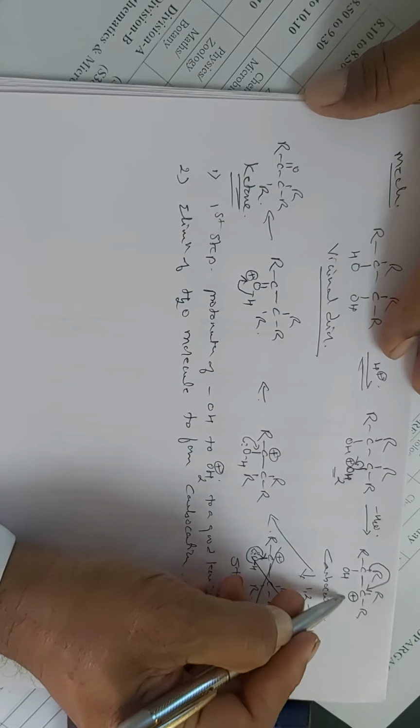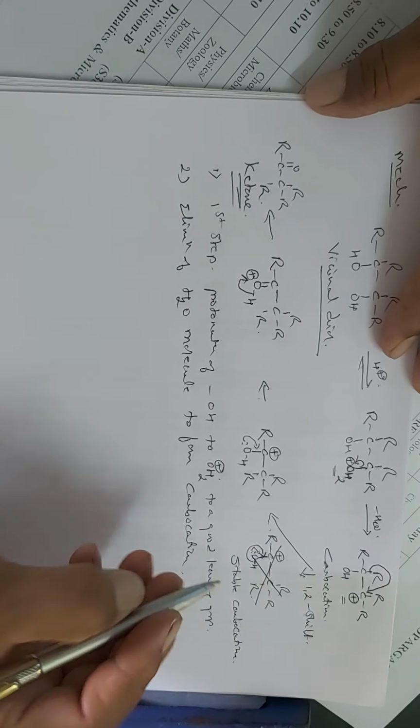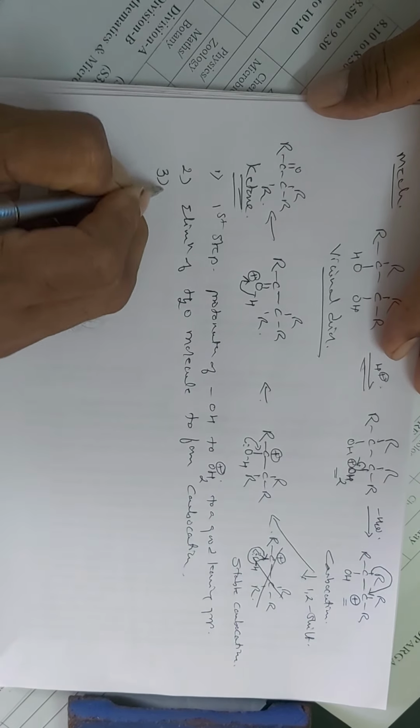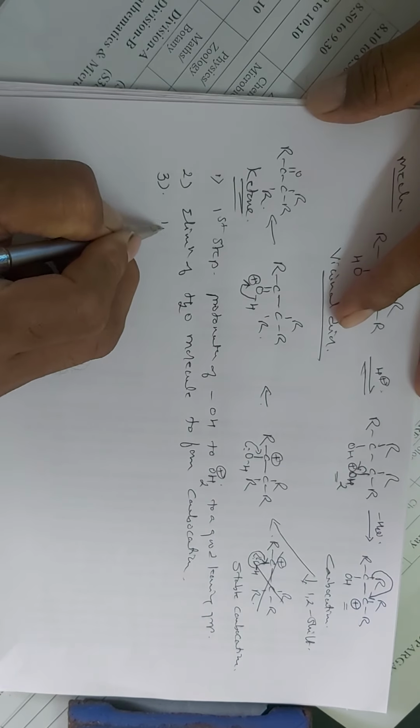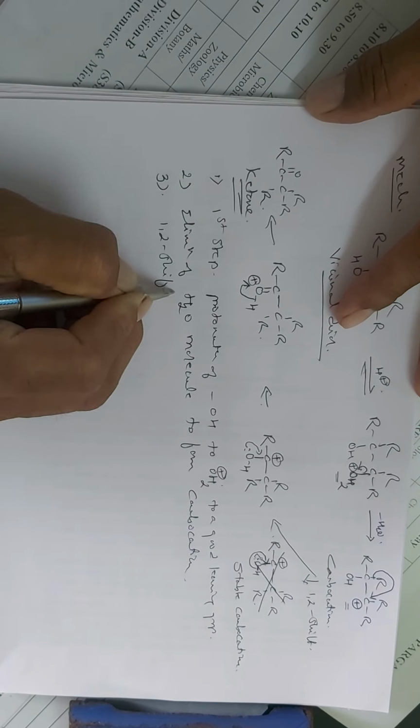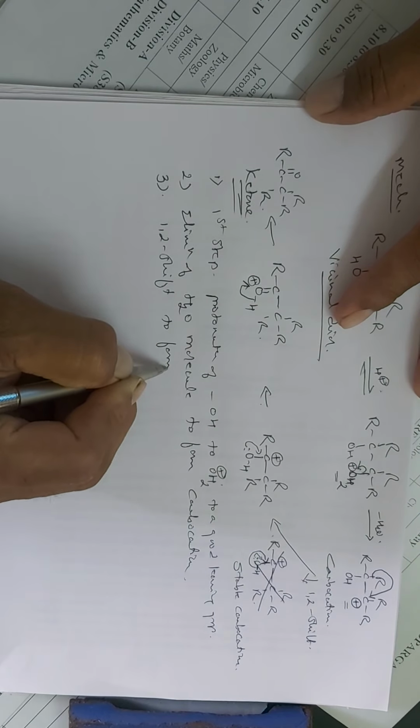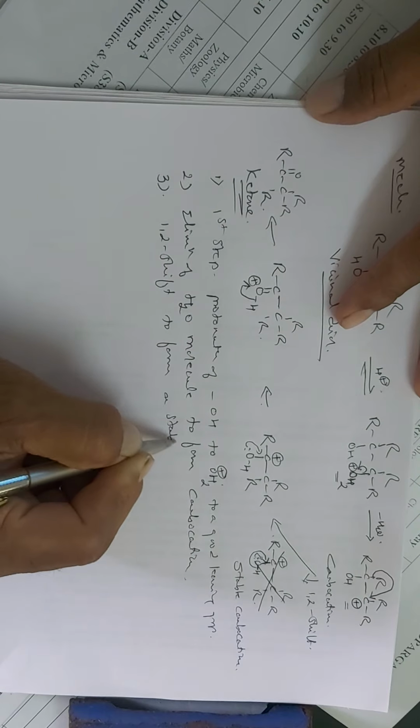It is eliminated and gives you the formation of a carbocation, and this carbocation, by elimination of a water molecule, undergoes a 1,2 shift to form a stable carbocation.